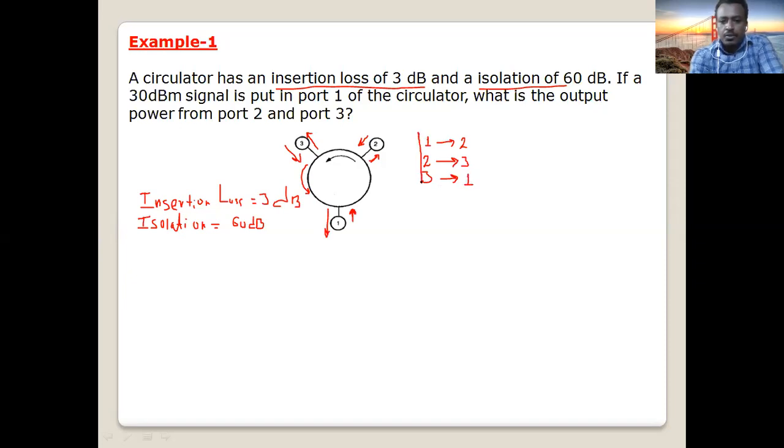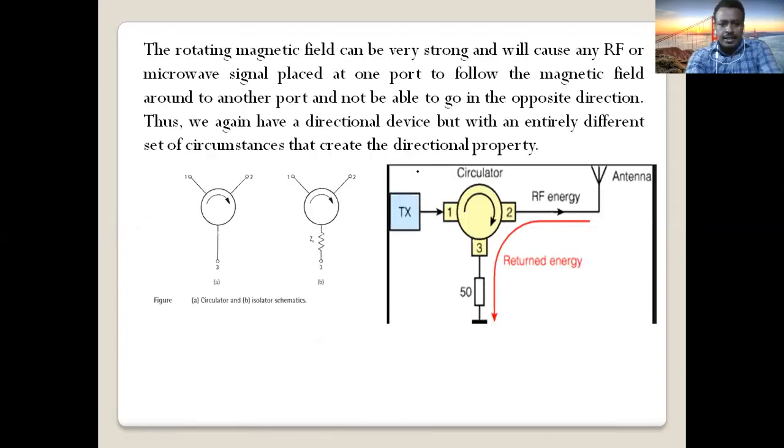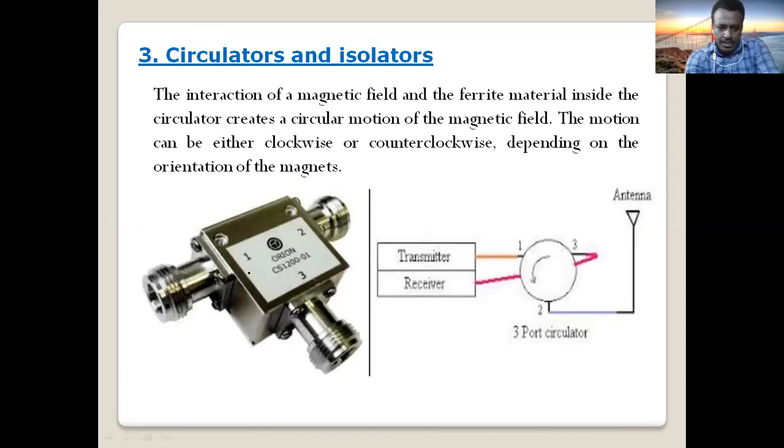This is how a circulator works. So the first thing we have to know is whether it is clockwise or anti-clockwise, so we know which input port leads to which output port. A circulator is a 3-port device which is used to guide a signal in the required direction.